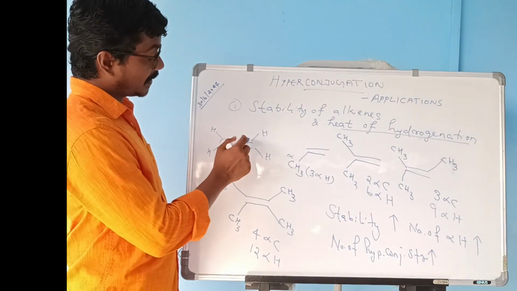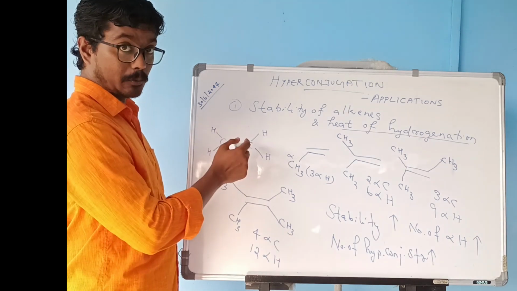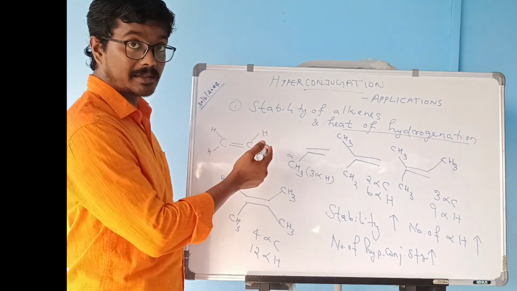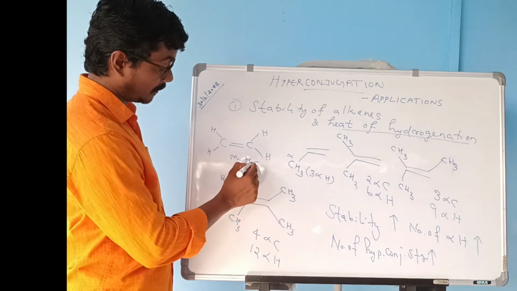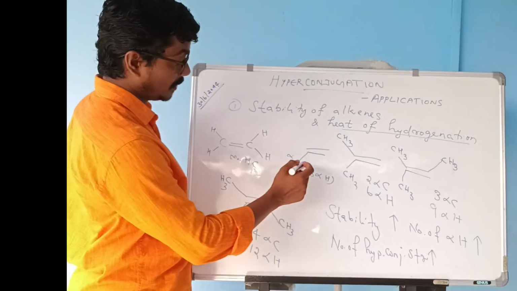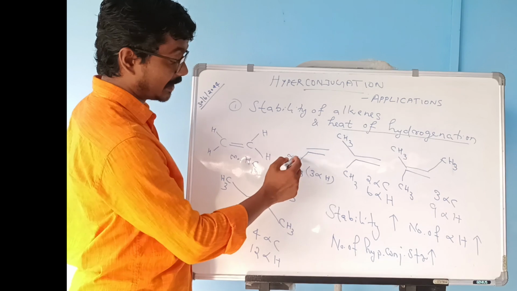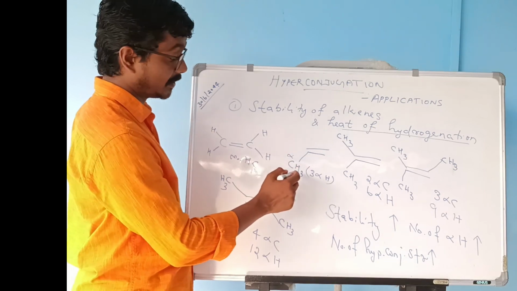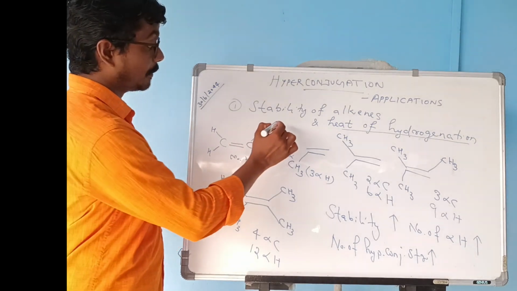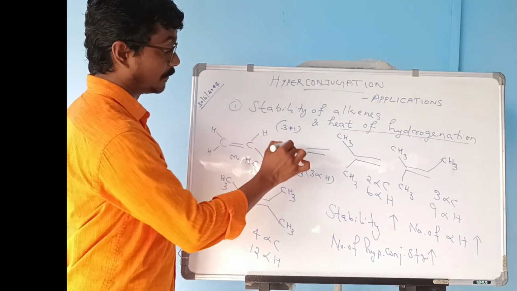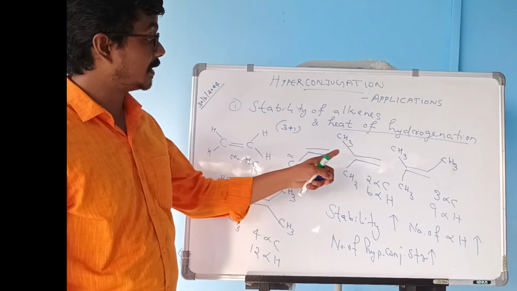When an alkene carries no alkyl group, no alpha carbon atom, there is no hyperconjugation. When one alkyl group carrying 3 hydrogen atoms is present, there are 3 plus 1 canonical structures.